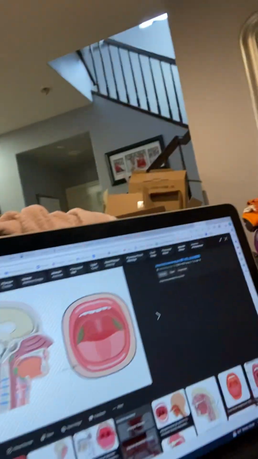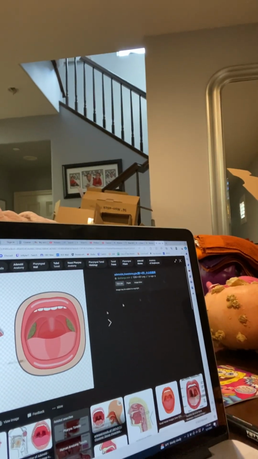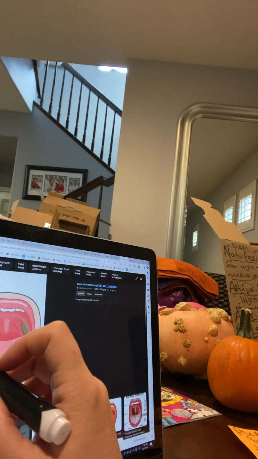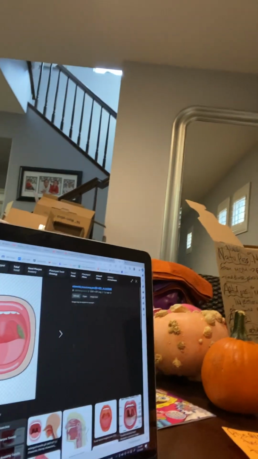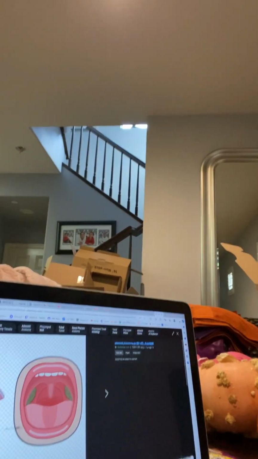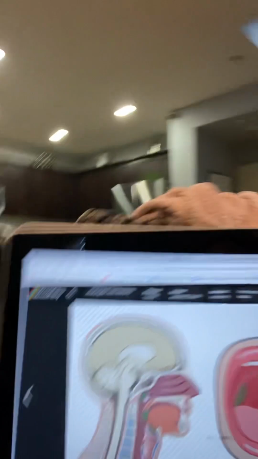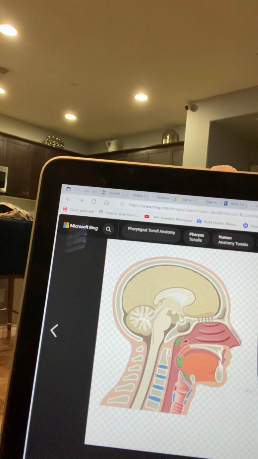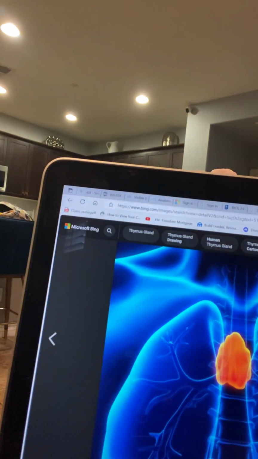Anywho, let's talk about the pharyngeal tonsils. They are right here, right behind the nasal cavity. I'm not sure I was pointing the camera right at my screen earlier, and if I missed the thymus, it was right there.